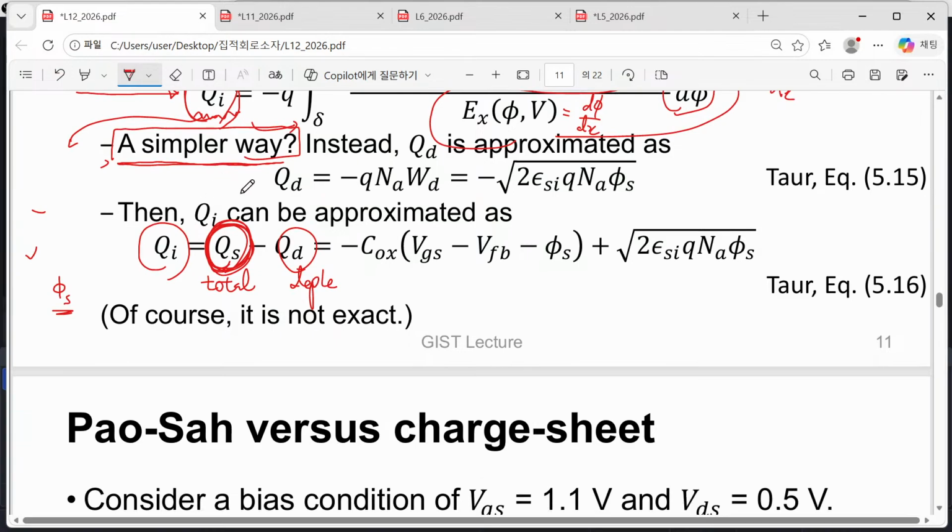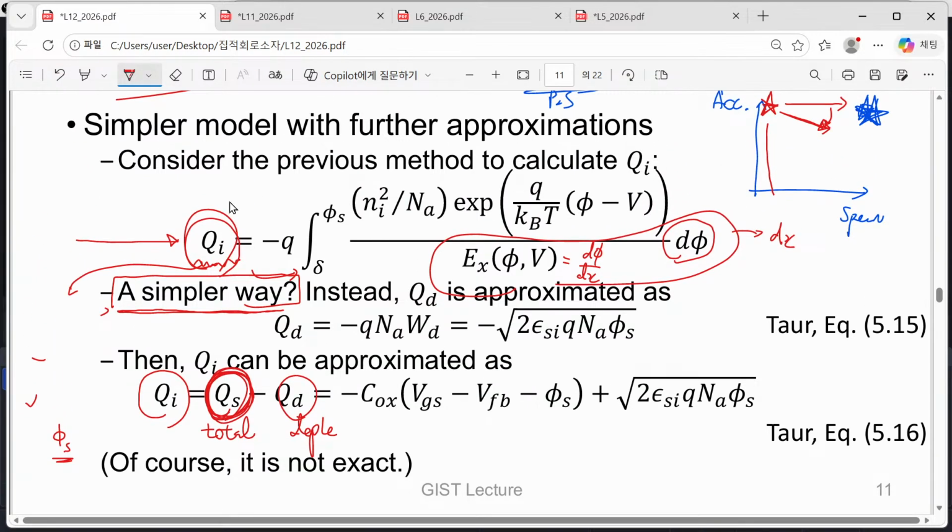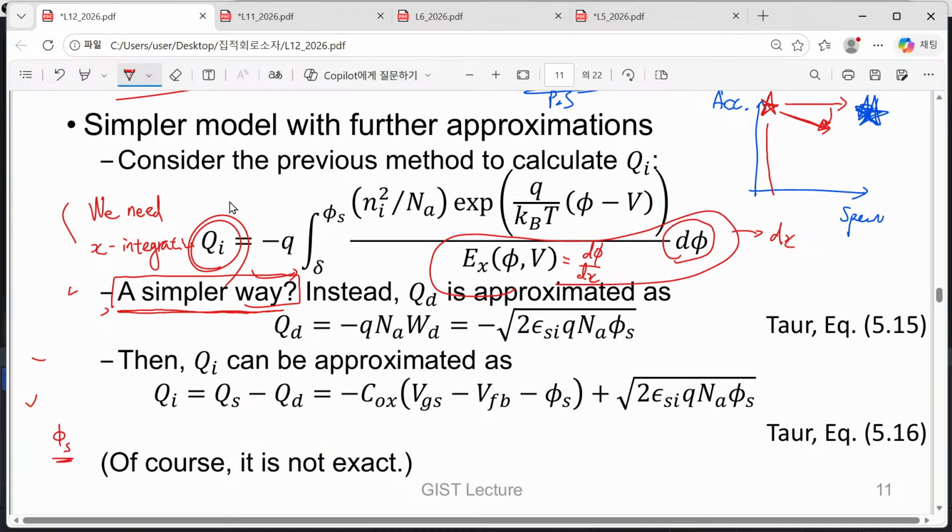Simply speaking, in this expression here, for Q sub I, we need the x, y integration in this approach. But in this new approach, Q sub S can be calculated without the x, y integration. There is only one single expression to calculate Q sub S. You can immediately calculate this one.